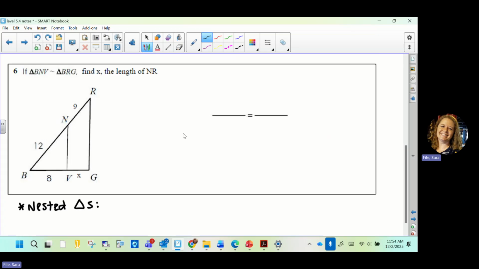And they tell you up here that these are similar. That's the similarity statement. Obviously, B is congruent to itself. B is a part of both triangles. And then they tell you that N corresponds to R and B corresponds to G. So I'm going to show you 2 ways to do this.